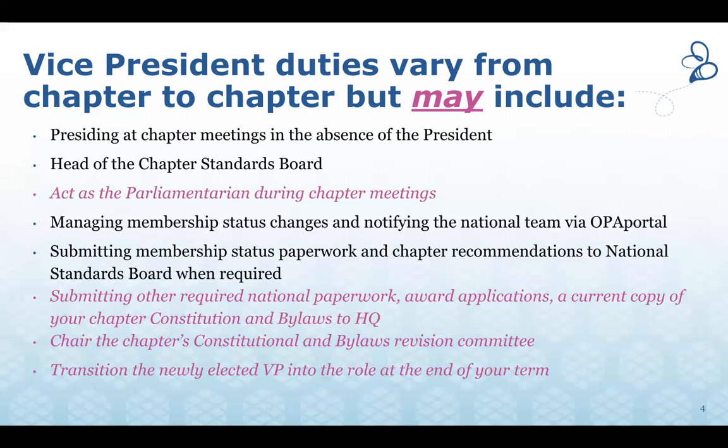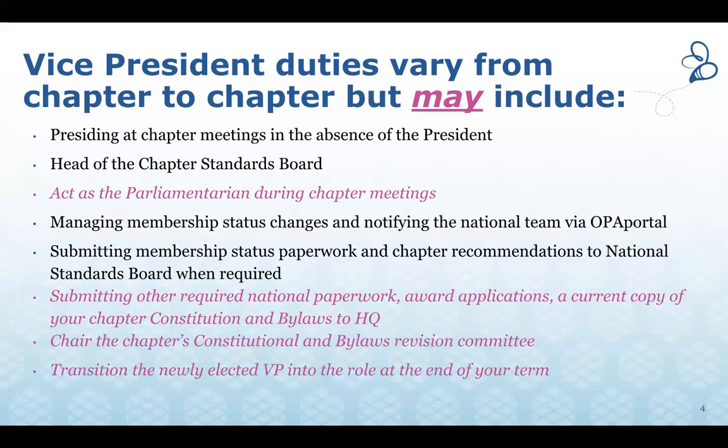Additional things here in fuchsia, so submitting the required national paperwork, maybe award applications, the current copy of your chapter's constitution and bylaws to HQ, mostly through the OPA portal. You might be asked to chair your chapter's constitution and bylaws revision committee or a legislation committee of some sort.